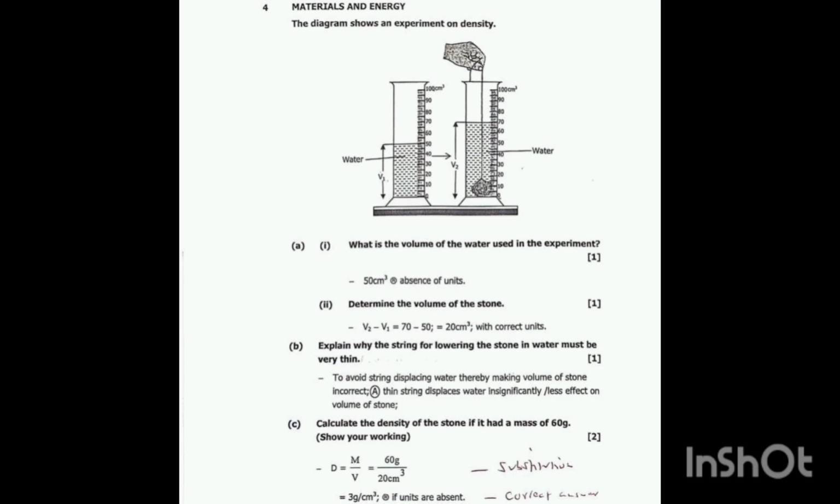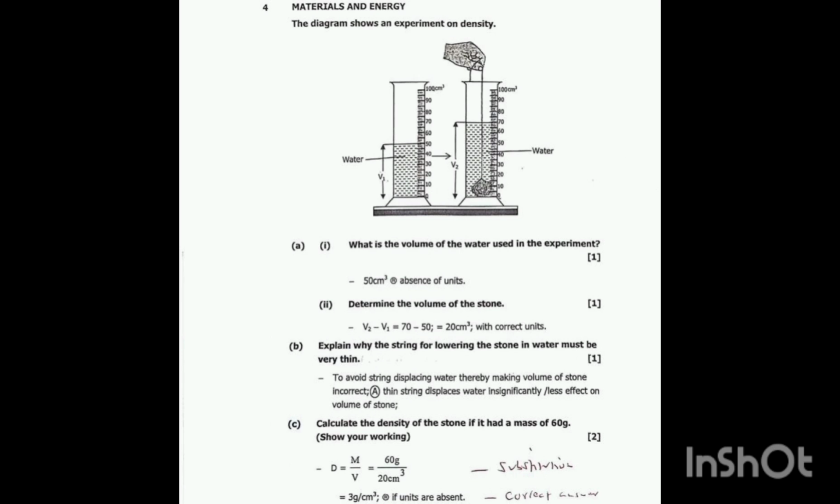Question A, Roman numeral 2: Determine the volume of the stone. As you can see, the first cylinder is showing the initial volume of water. That is 50 cubic centimeter.